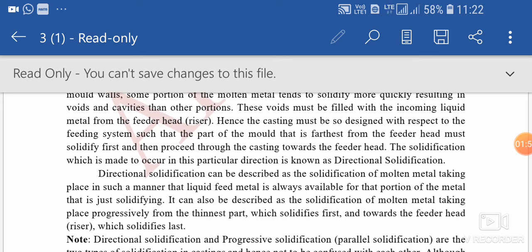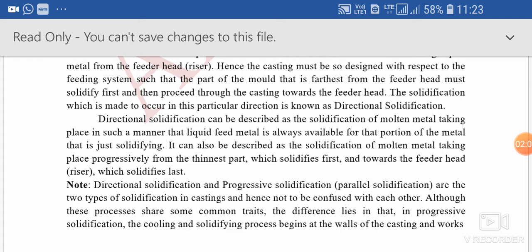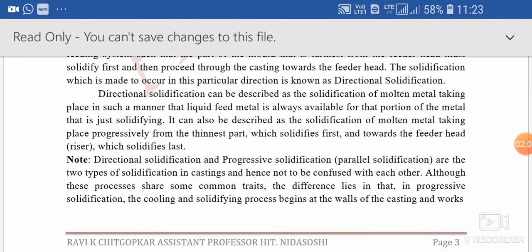It can also be described as a solidification of molten metal taking place progressively from the thinnest part, which solidifies first, and towards the feeder head or riser, which solidifies last.